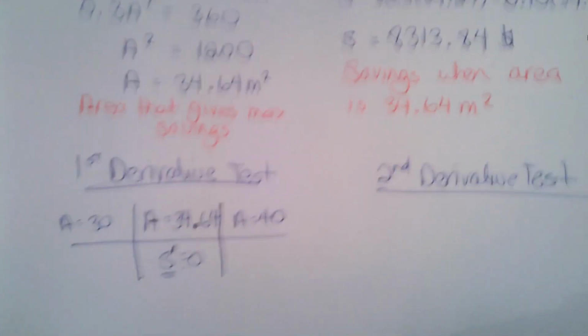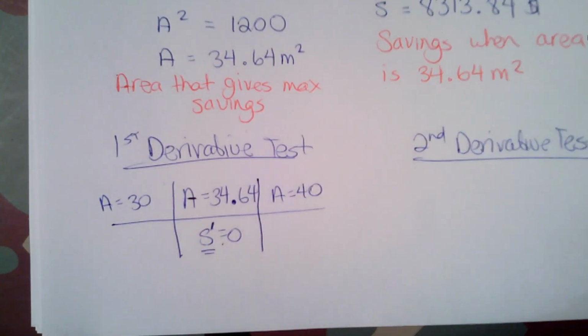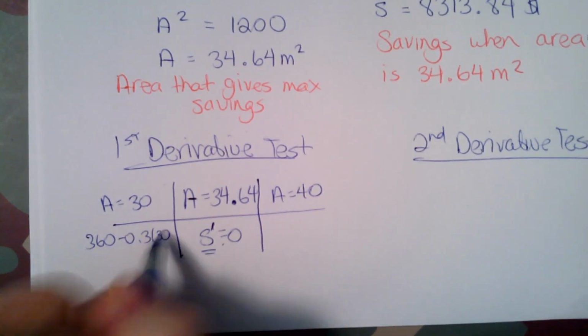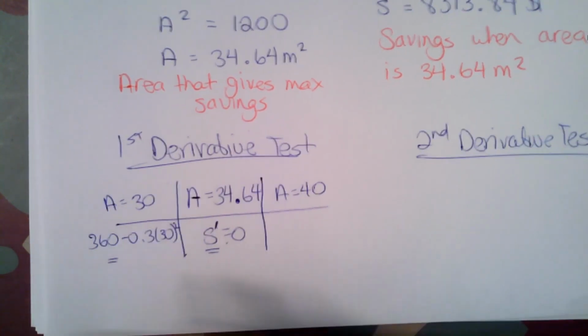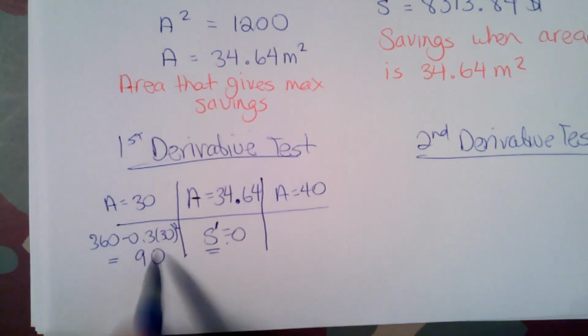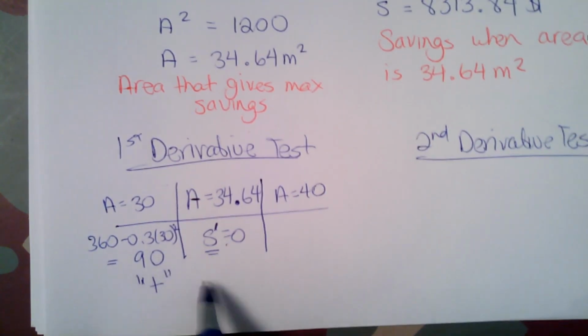So since I know at my point it's 0, what's happening just before my point? I sub in 30: 360 minus 0.3 times 30 squared, and I get 90. I get positive.